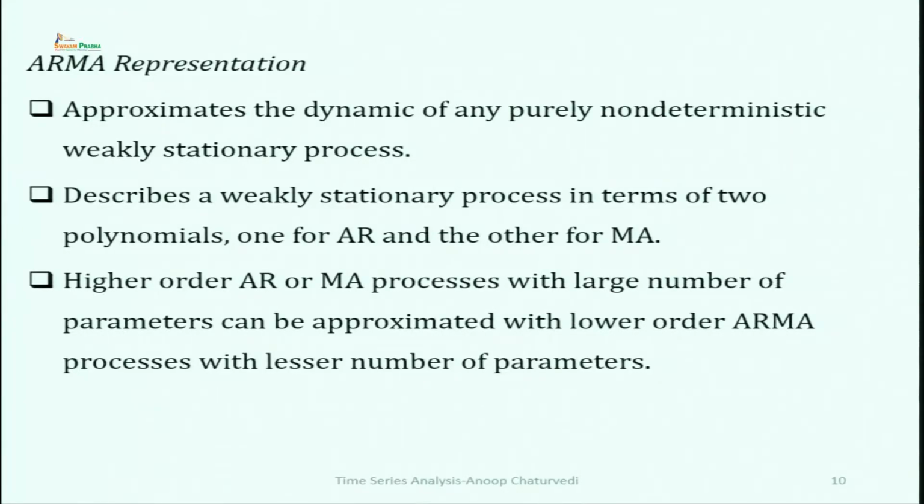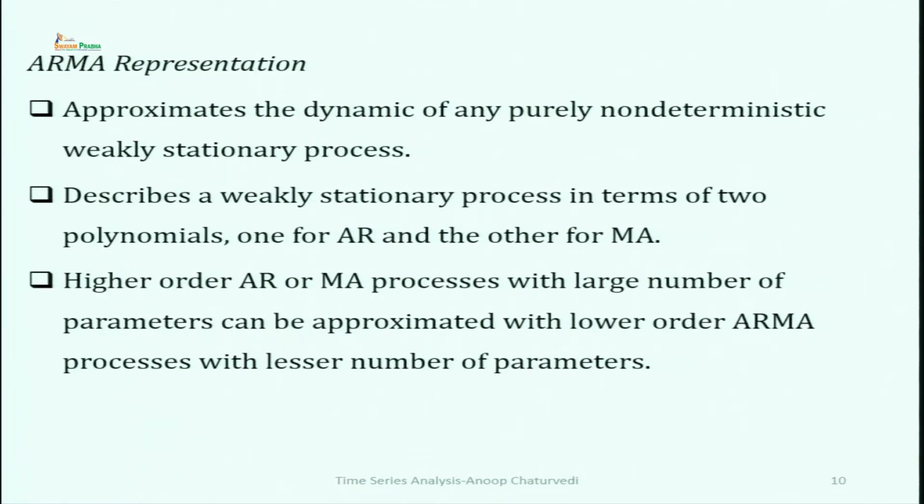So, thus you can say that this ARMA representation approximates the dynamic of any purely non-deterministic weakly stationary process. Then it describes a weakly stationary process in terms of two polynomials, one for the autoregressive and other for the moving average, but both of these polynomials are of finite order.